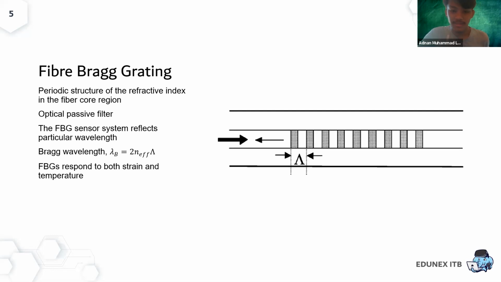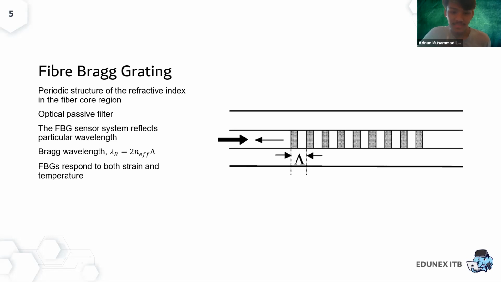a particular wavelength. The wavelength that is reflected by the FBG, or this grating, is related to the grating periodicity, or the distance between each grating, and also to the average index of refraction of the grating.